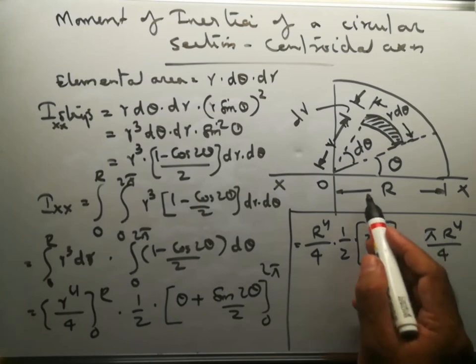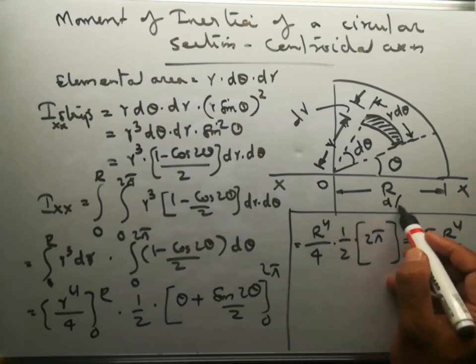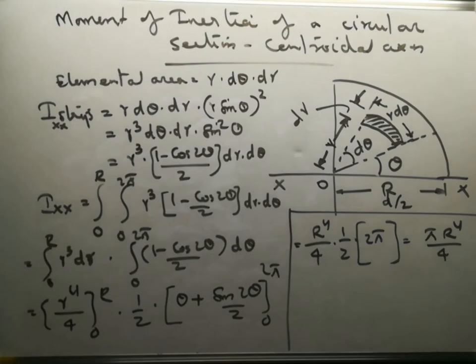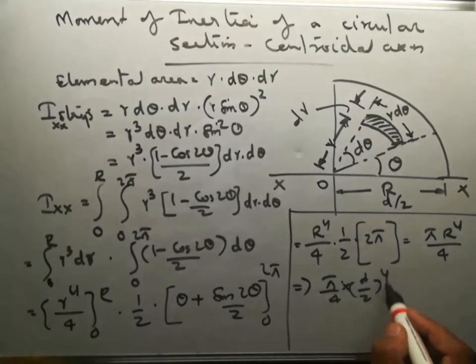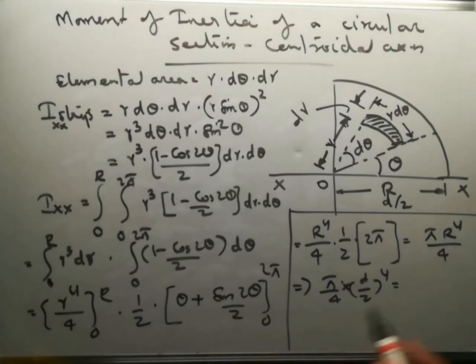Now we know r is equal to d by 2. So this will give you pi by 4 into (d by 2) raised to 4, which is pi by 4 into d raised to 4 by 16, and Ixx is equal to pi d raised to 4 by 64.